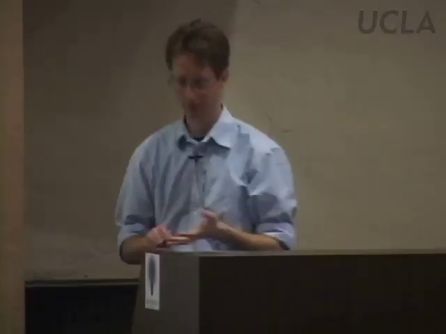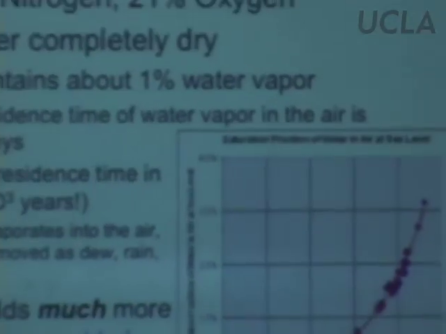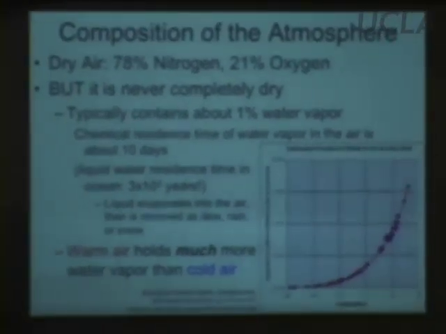Okay, so what is the atmosphere? We've already talked about this a little bit. It's dominated by nitrogen and oxygen. There's another percent or so of a gas called argon, which is a noble gas. Those numbers are under the assumption that we're talking about dry air, but it turns out that the atmosphere is variable, and its primary source of variability in its chemical composition is water in vapor form.